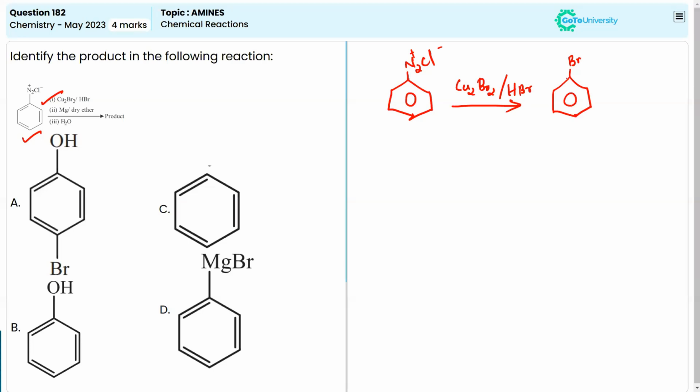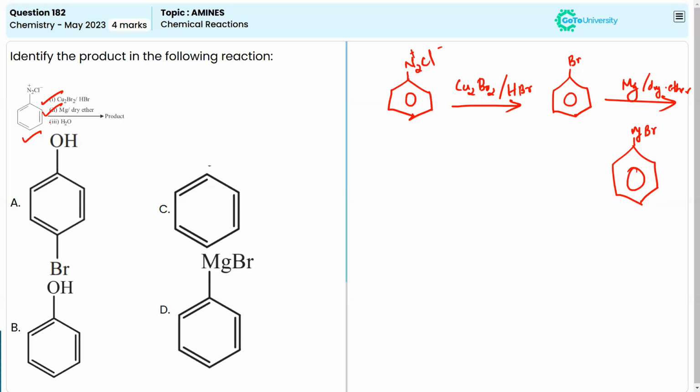So the bromobenzene is produced with the first reactant. Now the second reactant is magnesium in dry ether medium. When this bromobenzene reacts with magnesium in dry ether medium, they produce the product like this. See, the bromine will be substituted by MgBr. So this is the second step.